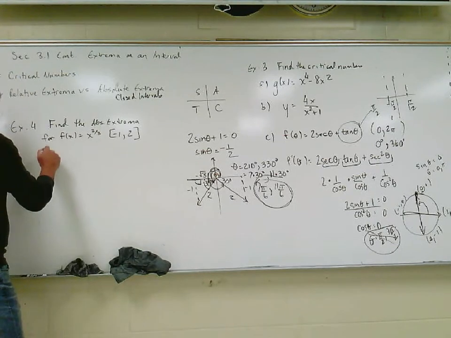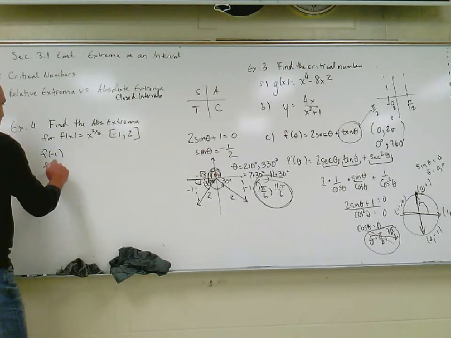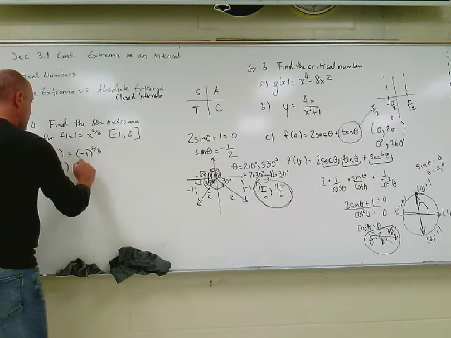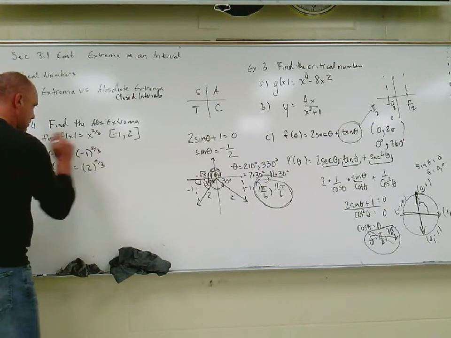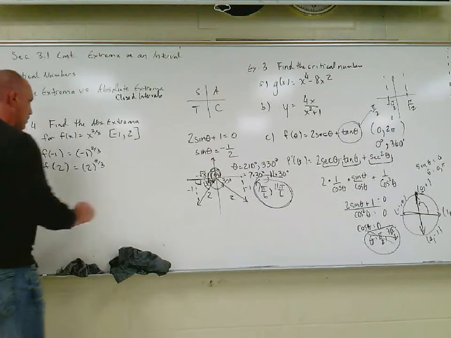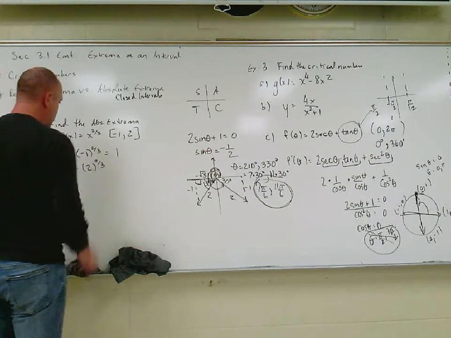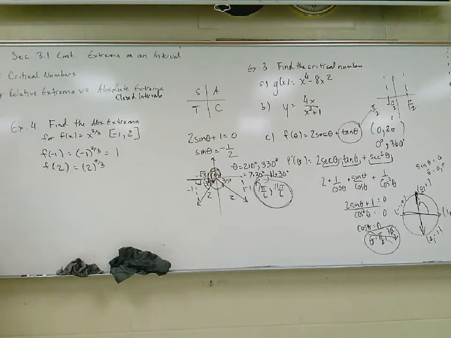So the first thing I'm going to do is find f of -1 and f of 2. And I get -1 to the 2/3, and I get 2 to the 2/3. Okay, I get those two. And just to save time, -1 to the 2/3 is +1. 2 to the 2/3 is just some fraction, right?